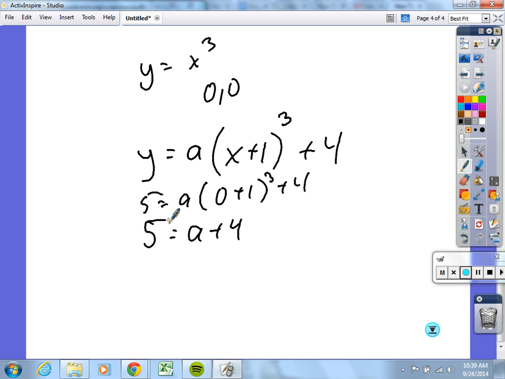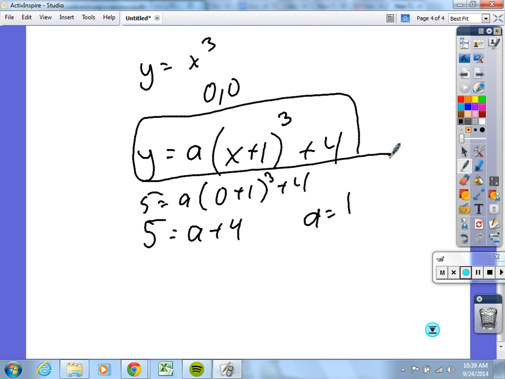Give me 1 second, guys. And I believe a would be 1, right? Yeah. So therefore, that's how I would get there. Does that make sense? Okay, so once again, write the generic form, plug in another point for the x and y, and solve for a, and that's how you can get the generic other form as well. So actually, yeah, do those things.